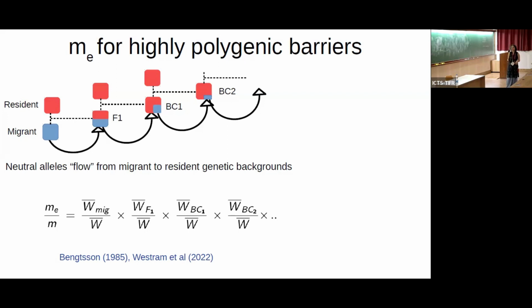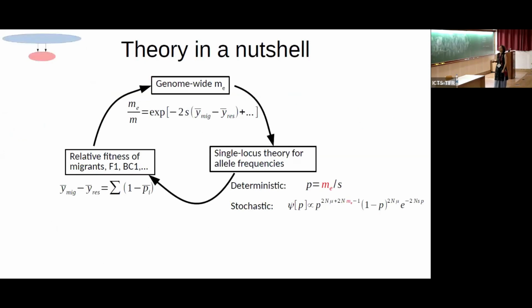And if the other processes that I'm talking about, migration, selection, are not producing such drastic changes over 10 generations, then there's a natural separation of time scales. So these associations are broken down much faster than allele frequencies change due to any of these single locus processes. In which case, it's as if there is just a rescaling of the migration rate. Yeah?